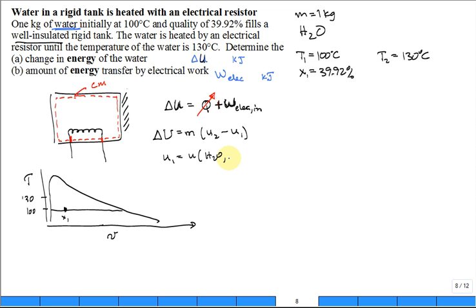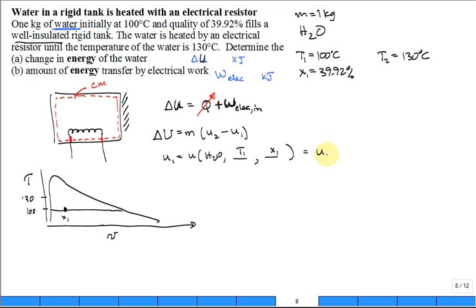So it's for water. Use the steam table, and we have to fix the state. We need two independent intensive properties to fix the state. What two independent intensive properties fix state 1? Temperature and X. T1 and X1. What was X1 again? Quality at 39.92%. So I get out of the table. It's a little bit of work. Somebody was saying, look at here.